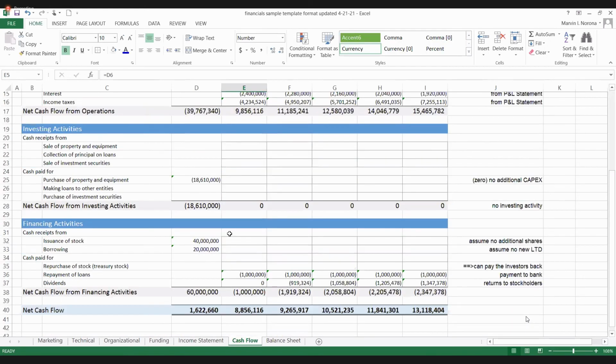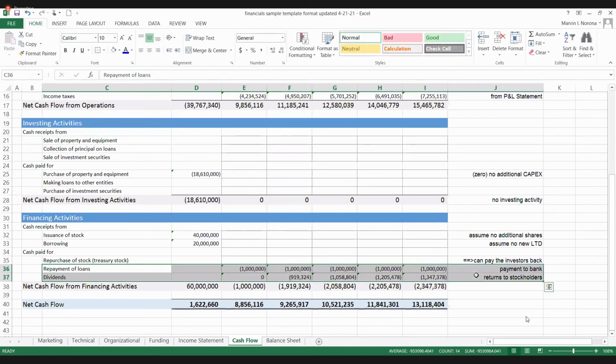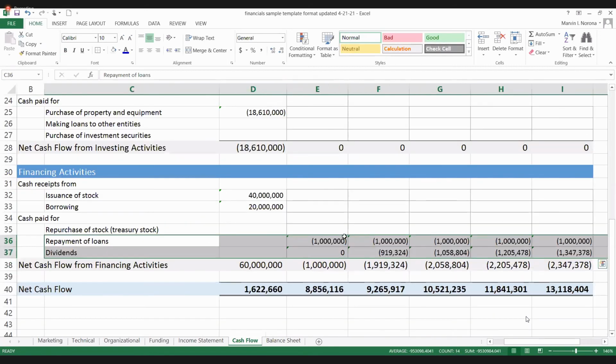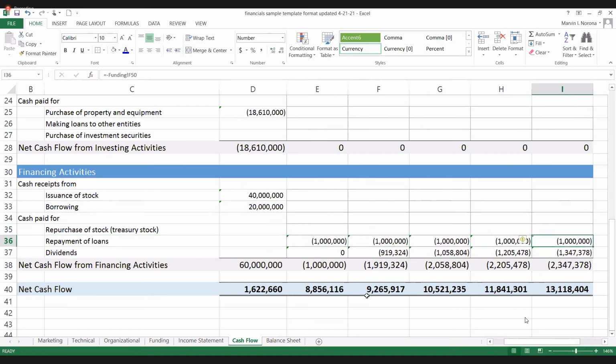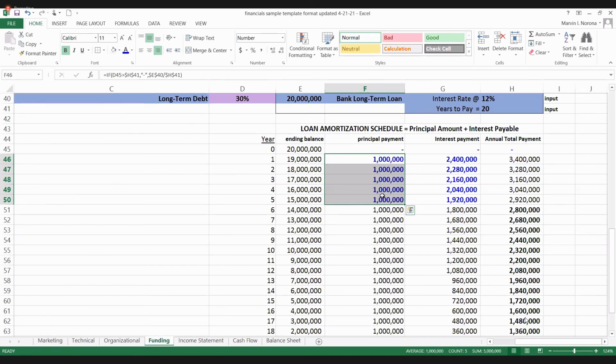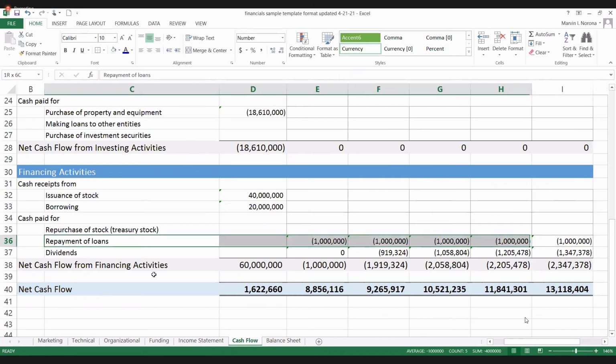May makikita kayo sa cash flow na ayan, repayment of loans. Doon ninyo makikita yung 1 million every year na binabayaran from the funding. Ayan, itong 5 to, makikita niyo sa cash flow as repayment of loans. Okay?